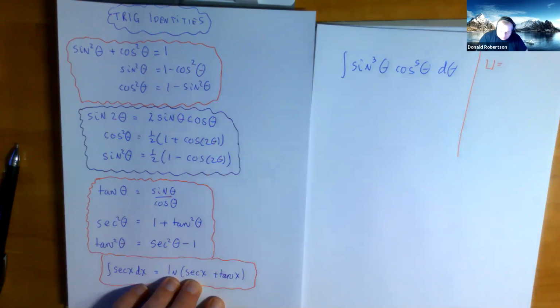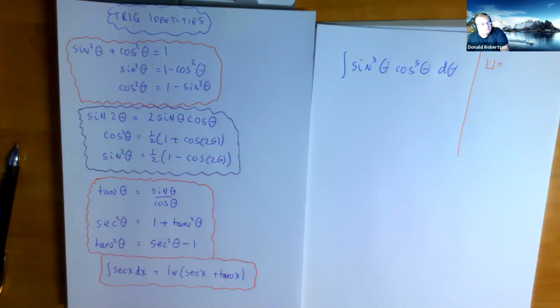When we're both 5, it was an equal amount of work, so it really didn't matter which you pick. In this situation, it does matter in the sense that one u sub will give you very little work, and the other u sub will give you a heck of a lot more work. So based on the fact that we want to do the least amount of work possible, what would be the best u sub for this story?